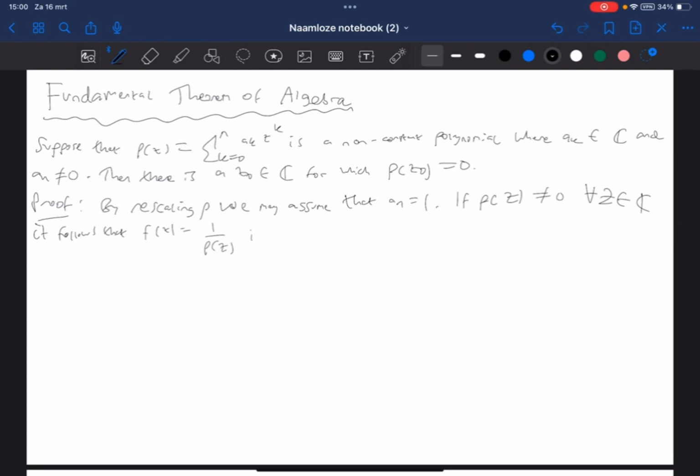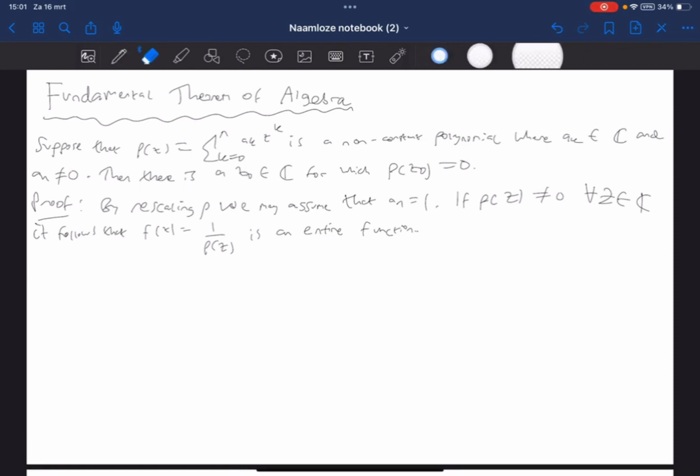And this is an entire function. Now, if you know a little bit about topology, you'll recognize what an entire function means. If you don't, worry not, you don't need it to understand this too much for this particular proof, but enough of it will be helpful. Now, in order to prove this, we're going to need Liouville's theorem.